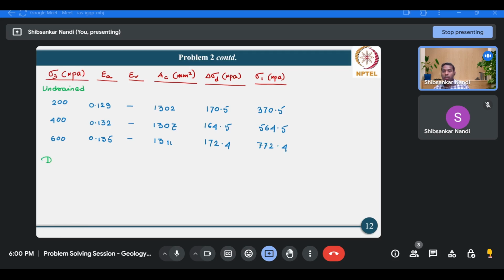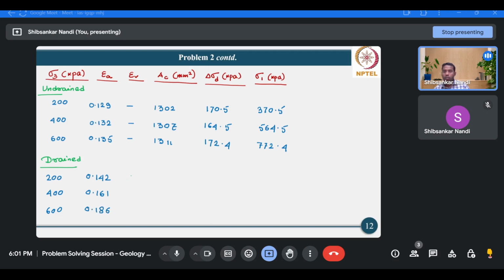Now coming to the drained case, the same calculation we have to follow. Again the confining pressures are 200, 400, 600. The axial strains are 0.142, 0.161 and 0.186.